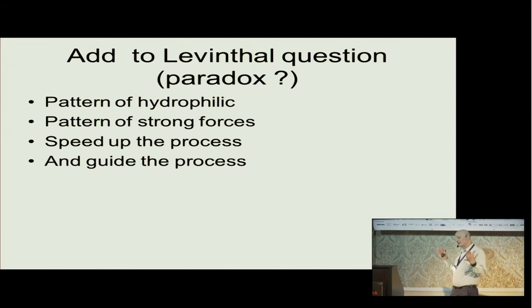Levitan originally estimated how long it would take a protein to find its way to the three-dimensional structure if it were to fold or to move randomly in the configurational space. And it doesn't do that, of course. It would take eons to do this random search of the final configuration.